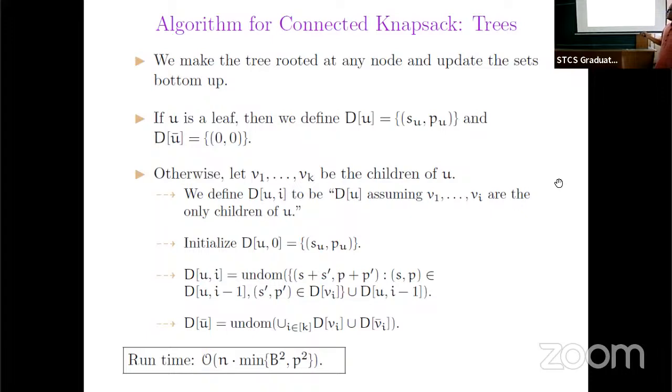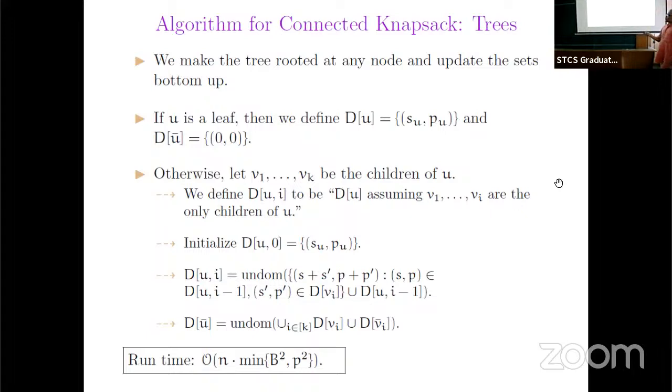So I compute D(U,0), then D(U,1), D(U,2), and so on. And D(U,i) is undom of, that means I remove all undominated pairs from this set. That is the undom operator. So for every pair in D(U,i-1) and every pair in D(Vi), that means every solution of subtree Vi and every solution of this part, I combine these two solutions.